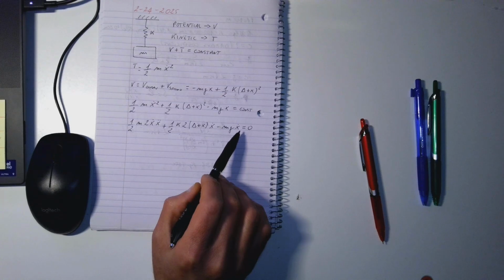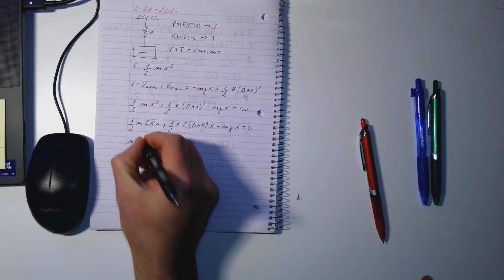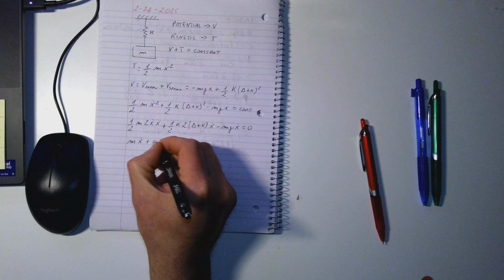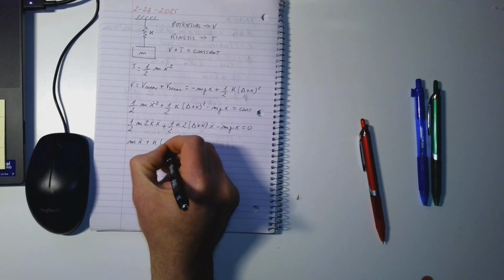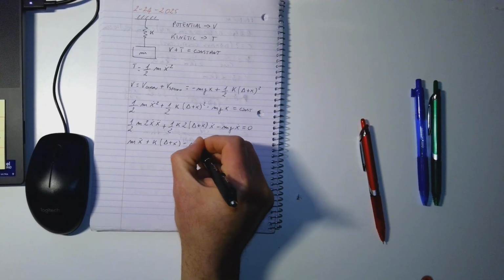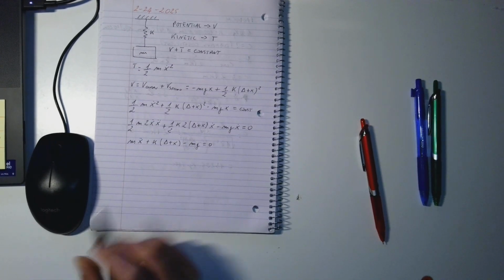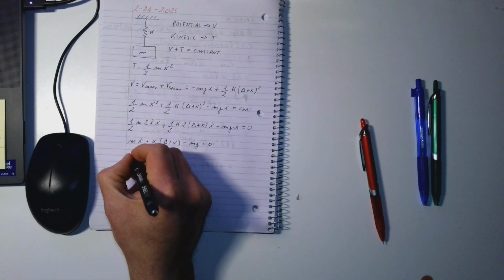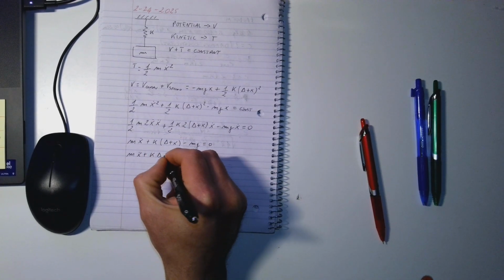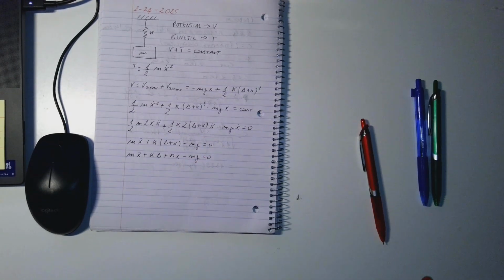So when we do this simplification, we have m x double dot plus k times (delta plus x) minus mg equal to 0. If we do this product here, we have m x double dot plus k delta plus kx minus mg equal to 0.